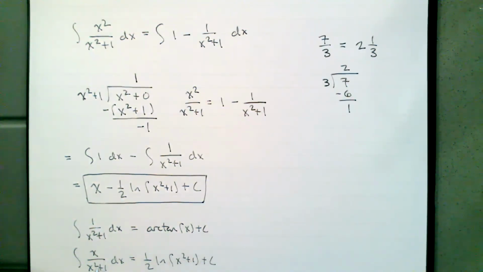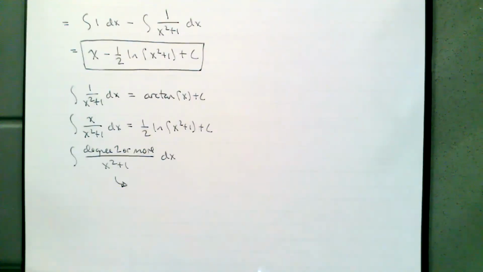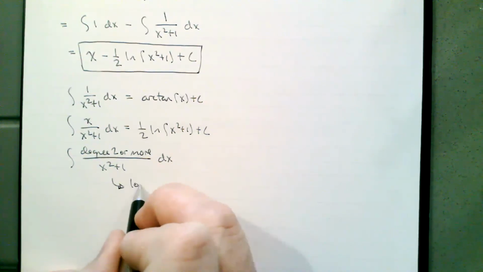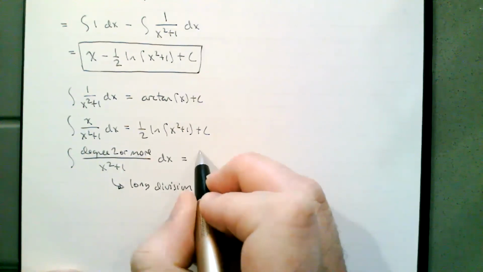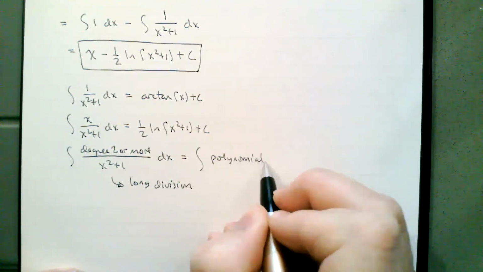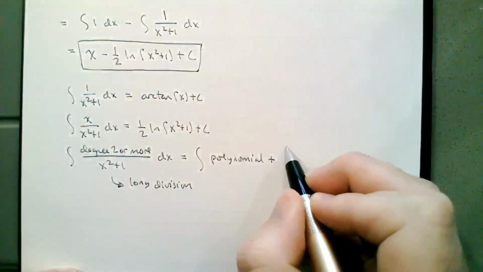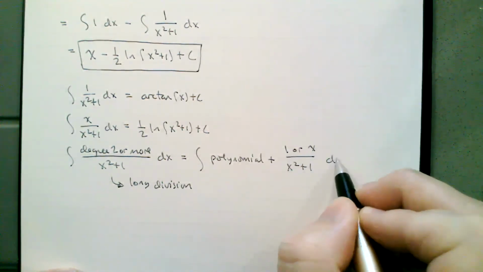And if the degree of the numerator is 2 or more, use long division. And you'll have a polynomial plus a 1 or an x over x squared plus 1 dx.